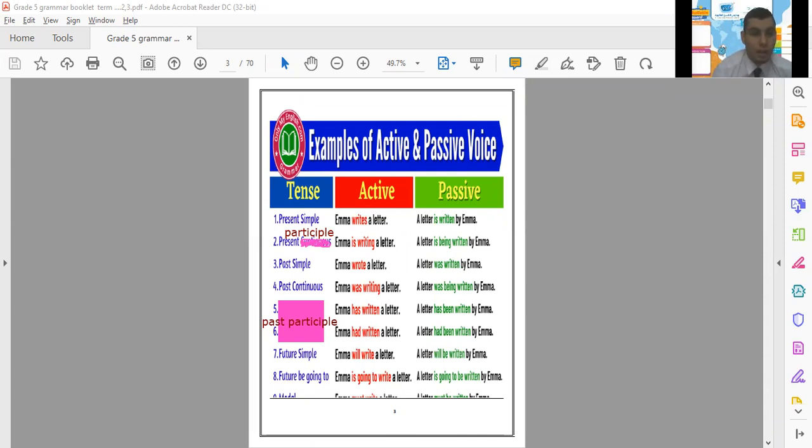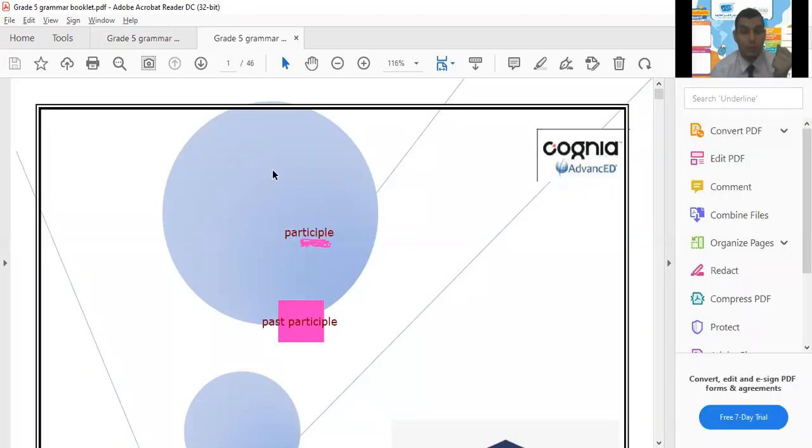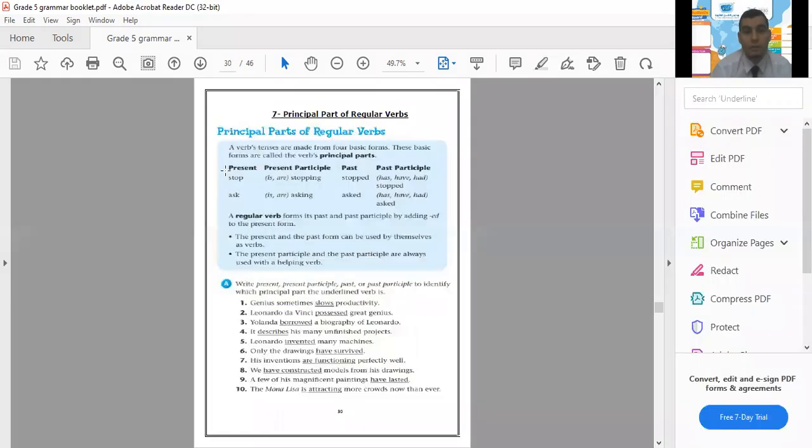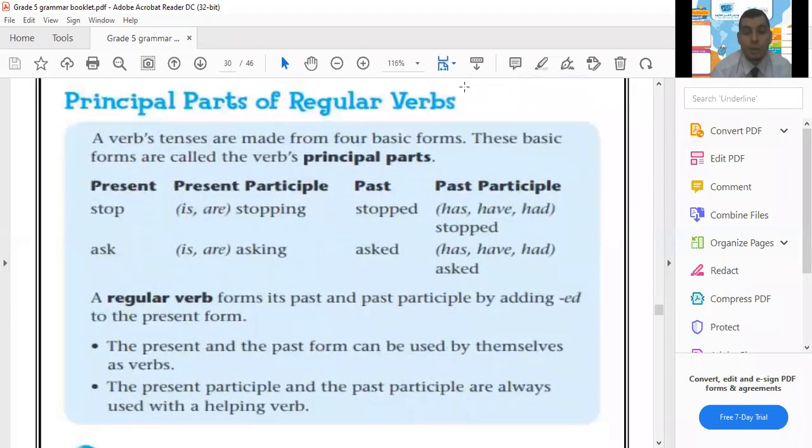Here, I need to show you something regarding the grammar booklet. Last term, you didn't study this. Look here. Did you study past perfect and present perfect, or present participle and past participle?